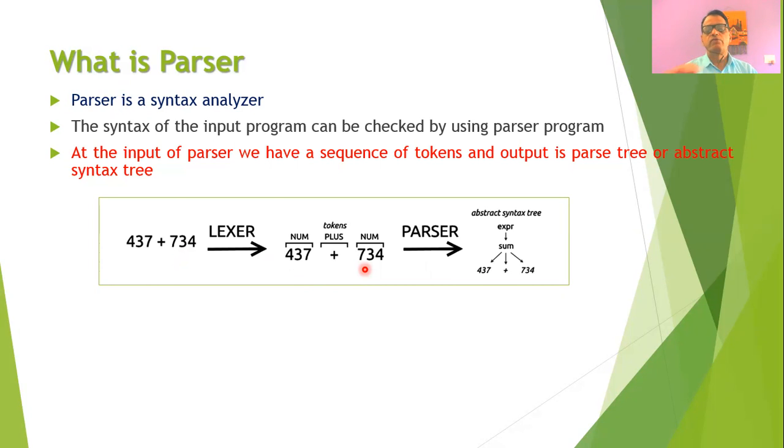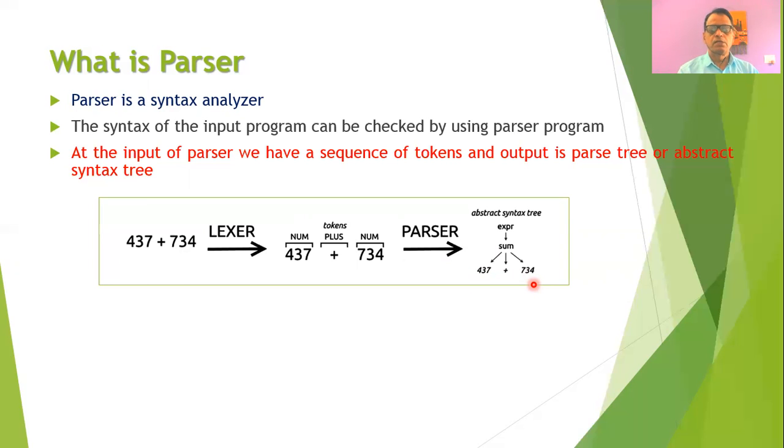This sequence of tokens will be fed to the parser, and at the output of the parser, we can expect a syntax tree of this form: expression, where it will have a sum variable, and the sum variable will have the first argument 437, the second argument the operator plus, and the third argument the next number 734.